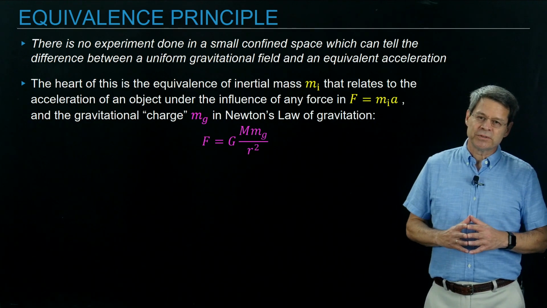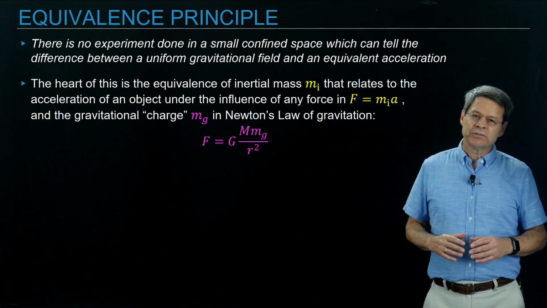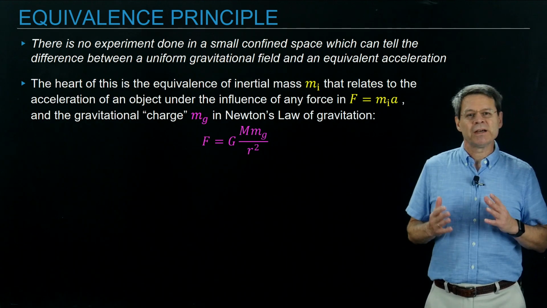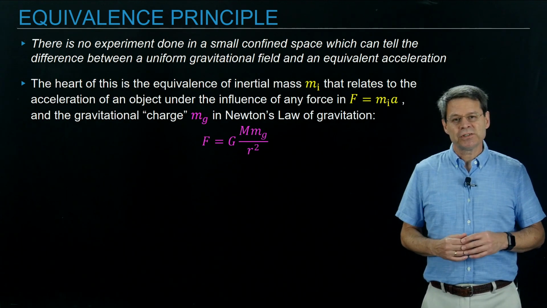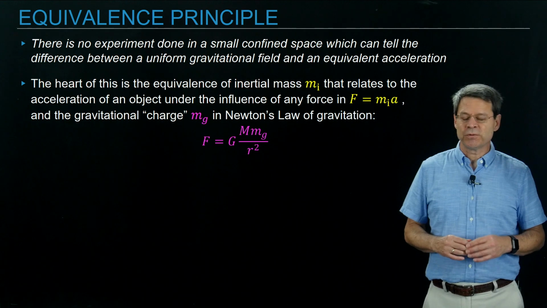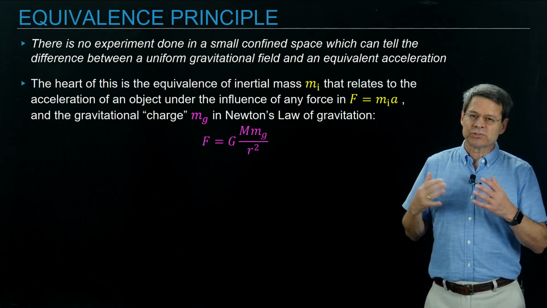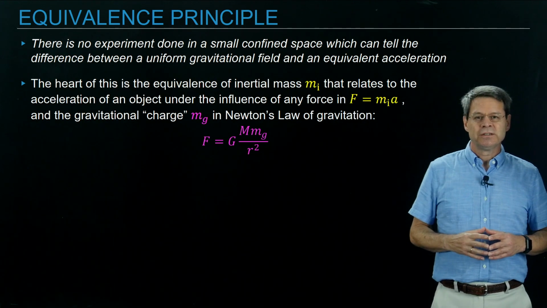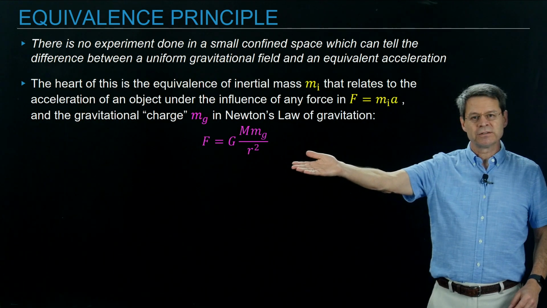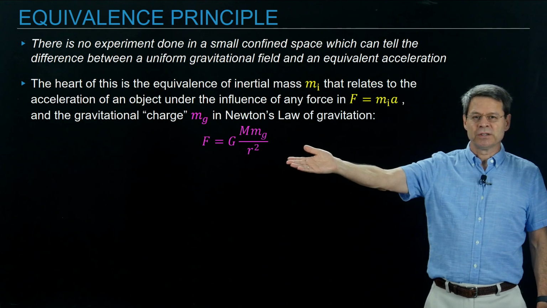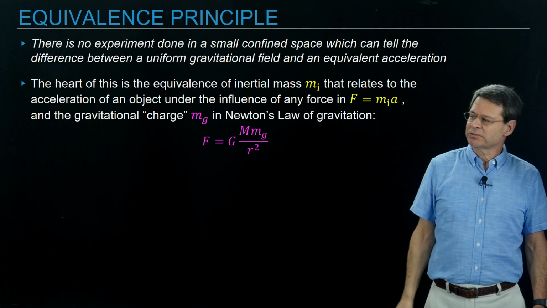Now, the heart of this equivalence principle is that the so-called inertial mass, let's call it m_I, that relates acceleration of an object under the influence of any force in F equals ma, and the gravitational charge, let's call it m_g, in Newton's law of gravitation, right? F is big G times the product of the masses over the distance squared between them.